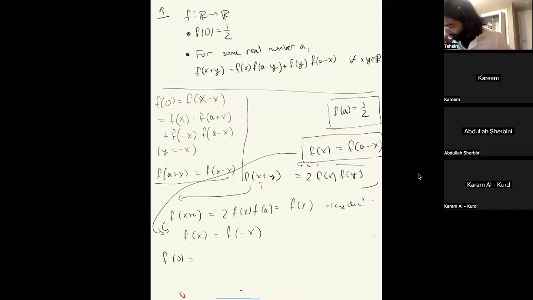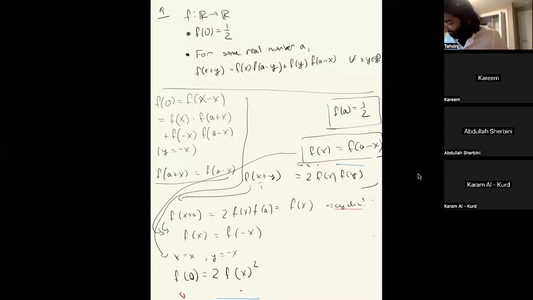It'd be easier to just plug it into the third equation. It should be the same. So into the third equation, we plug in x equals x and y equals minus x. So we get f of 0 equals 2 f of x squared.